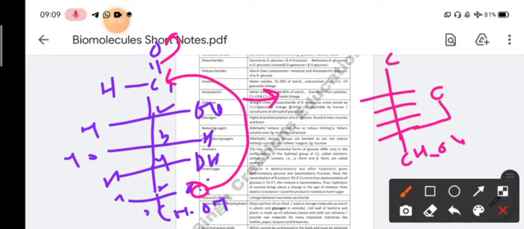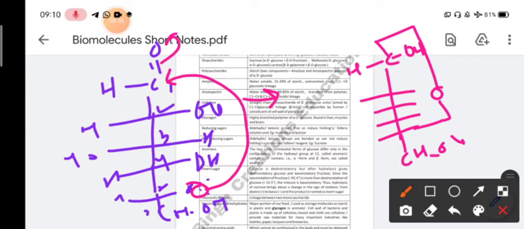Or we can write it in that way as well. OH and H. So this is the structure of the anomer.